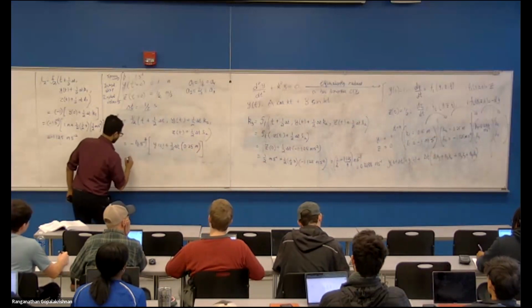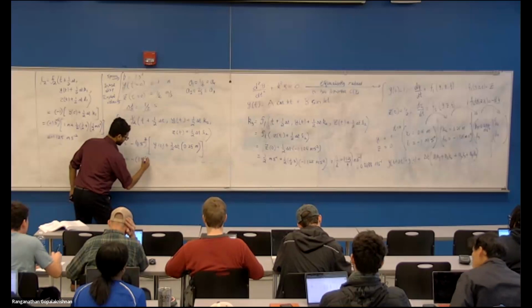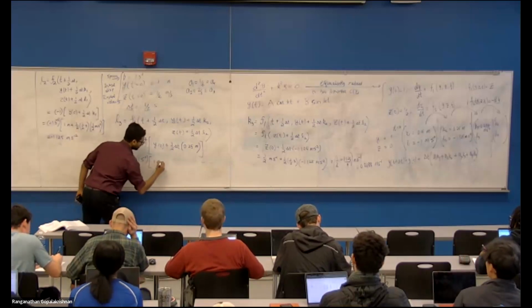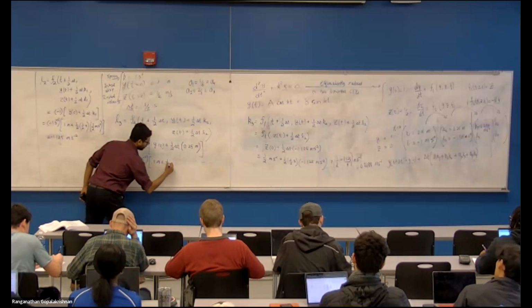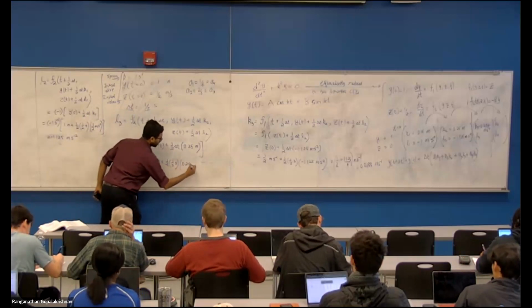So if I put back the units, minus 1 per second squared, y of 0 being 1 meter plus half of half a second multiplied by 0.25 meters.